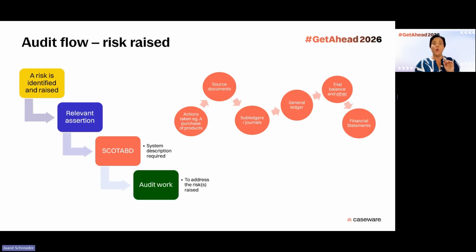We're not going there. All we have to do for a risk is understand how this transaction, account balance or disclosure lands up in the accounting records and ultimately the financials. So what is the flow of information? That's where the standard goes into how a transaction is initiated, authorized, recorded and so forth, through a manual or IT process. That's a system description.